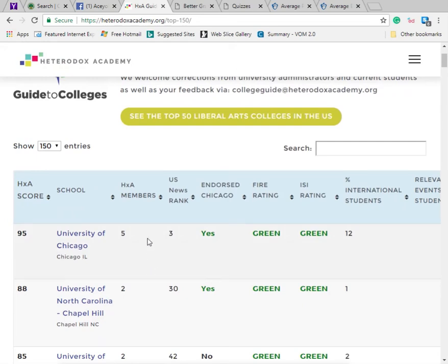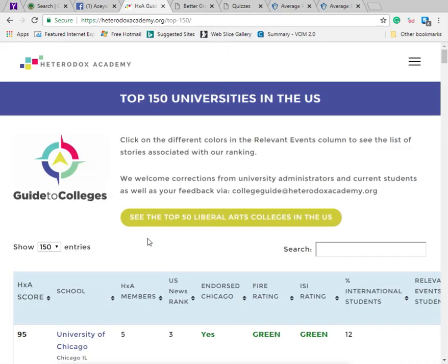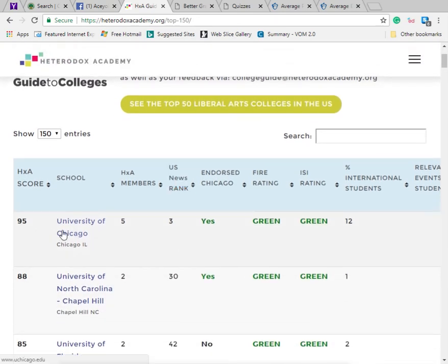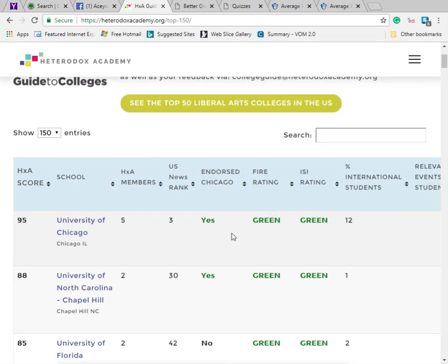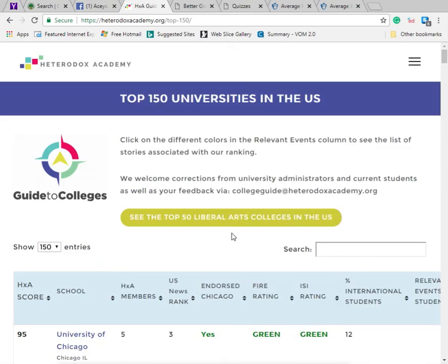You don't want to be subjected to either extreme right-wing or left-wing restrictions on free speech. This organization, the Heterodox Academy, is relatively new, and they've rated a lot of the colleges and universities in the United States according to their criteria. They're showing that University of Chicago has the freest speech in the United States among the large universities. So you might want to take a look at that if you're concerned about that sort of thing.